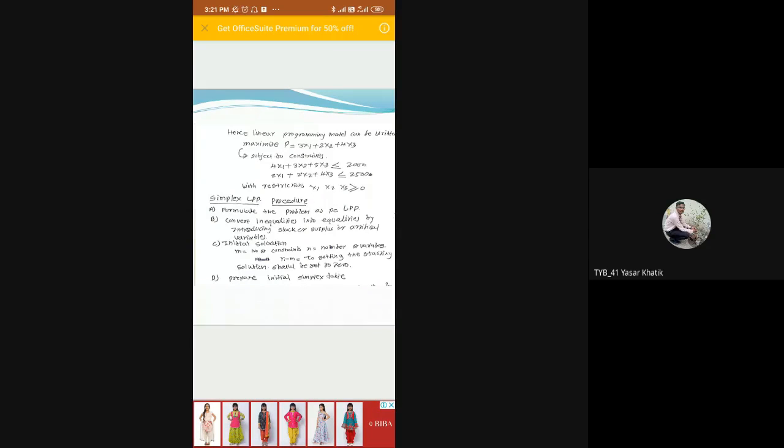So this is the technique for formulation of a linear programming problem. How many equations are there? Three: one is related to profit, and the remaining two are related to time.